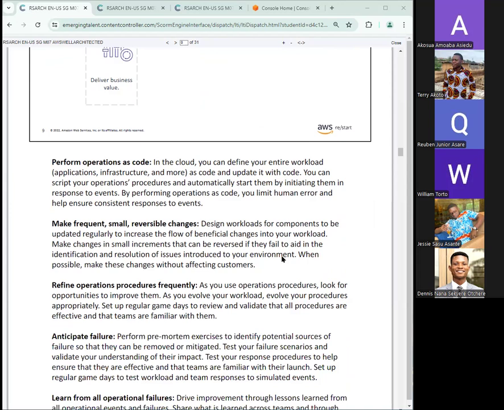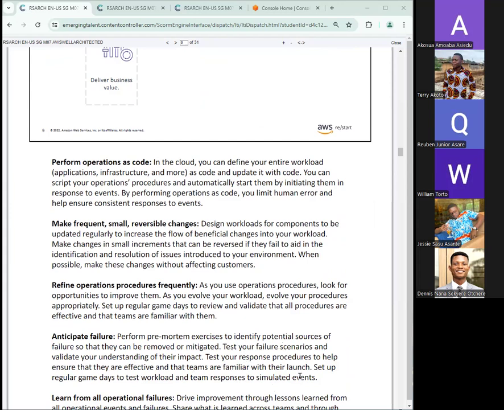So for example, if you anticipate failure, you think that this instance could go down, when it goes down, how do I reduce the time it is going to take for the instance to recover? So you should test your failure scenarios and validate your understanding of their impact.